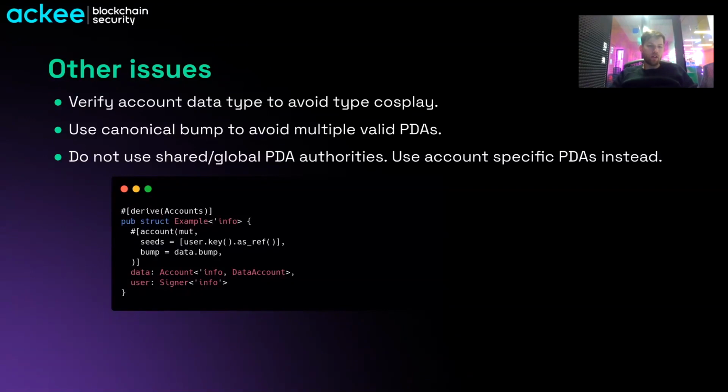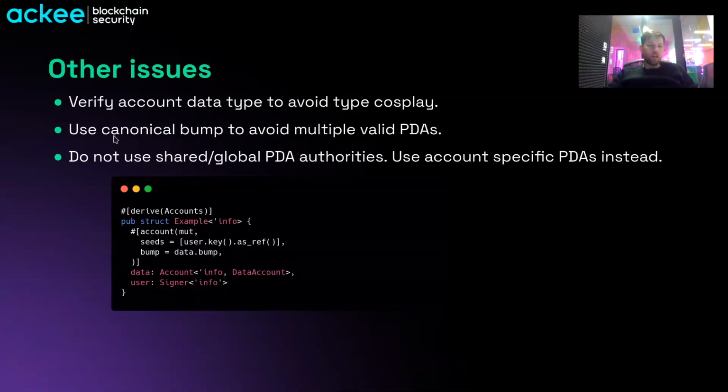In Anchor, this is very easy. You can just use the Account type with your given type, and then Anchor checks the discriminator at the beginning of your data to match the data types.